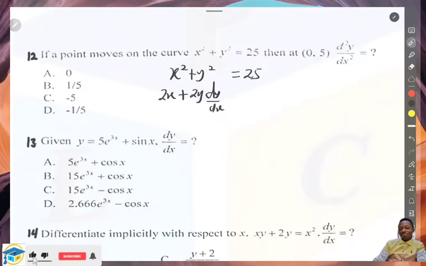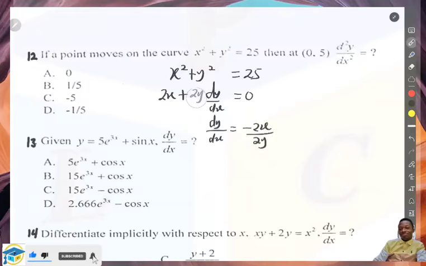Okay. So once you're able to get this, we also know that the differential of 25 as a constant is 0. All right. So here, we will make dy over dx the subject. We'll say that dy over dx should be equal to negative 2x, and then divide by 2y. Because when I move the 2x to join the 0, it becomes negative.